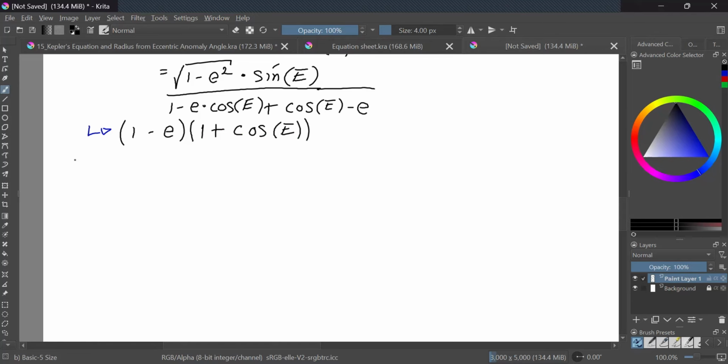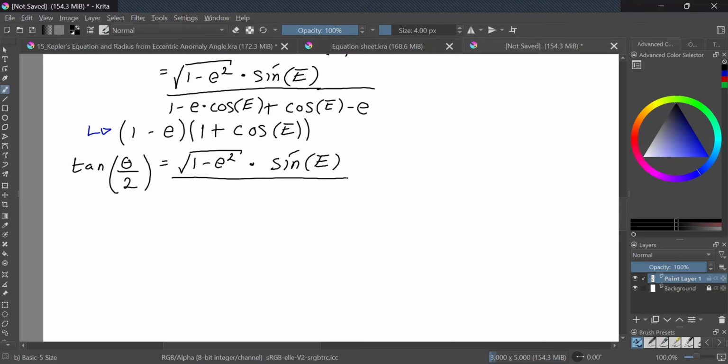And so to write it down here, we have the tangent of theta by 2 is equal to the square root of 1 minus the eccentricity squared times the sine of the eccentric anomaly angle over 1 minus e times 1 plus cosine of e.